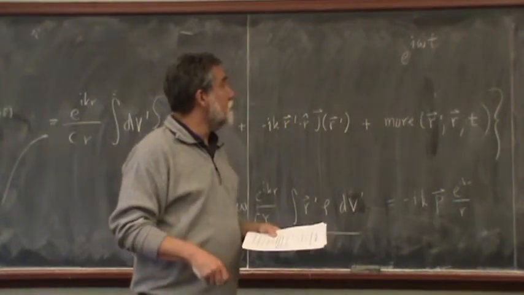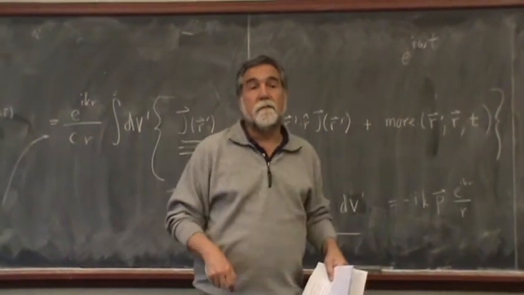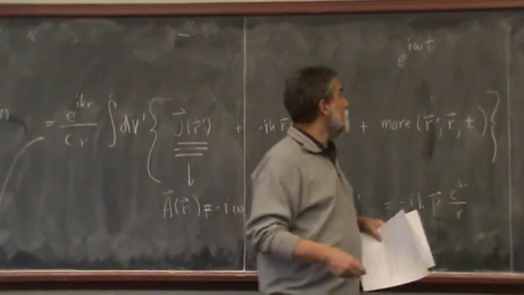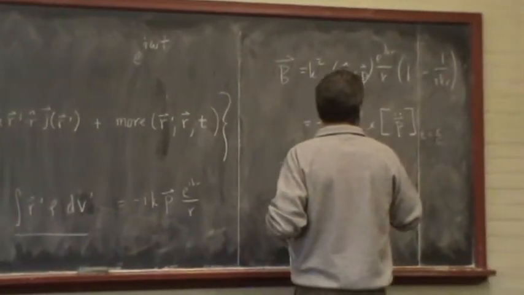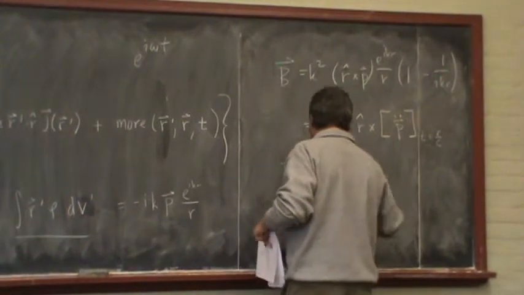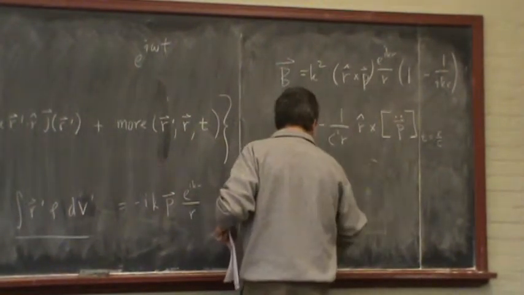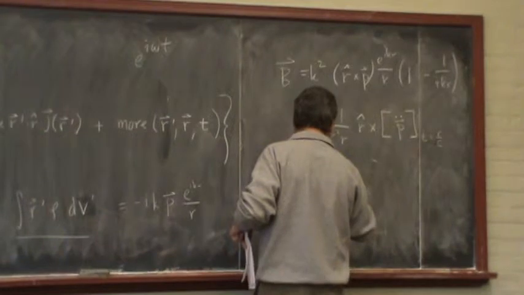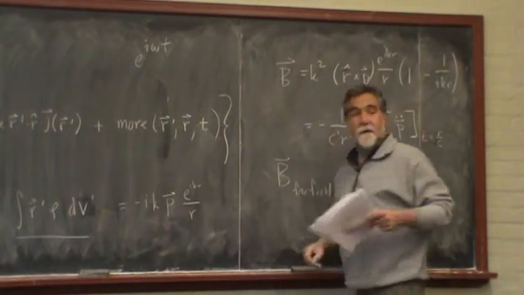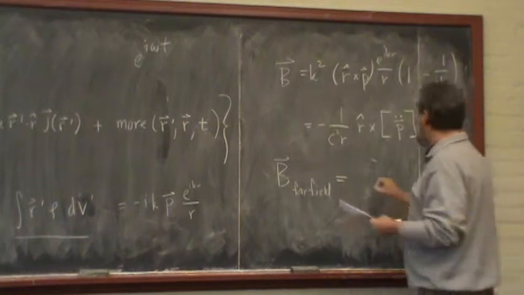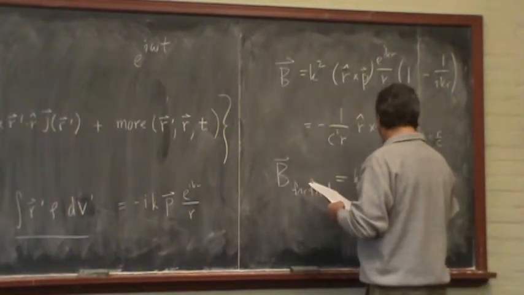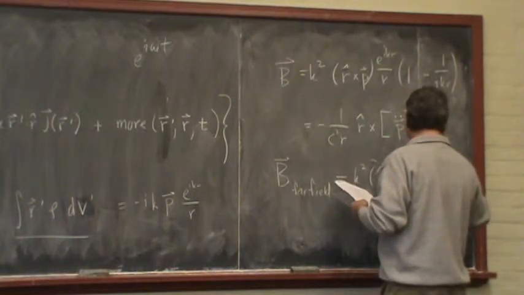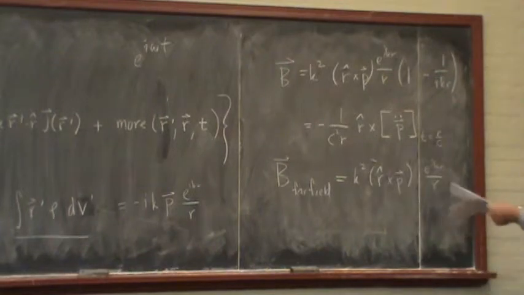In the far field, where r and the distance are much, much greater than lambda and a in the problem, my magnetic field, let me erase the electric field for the moment, is B equals k squared r cross p e to the i k r over r.